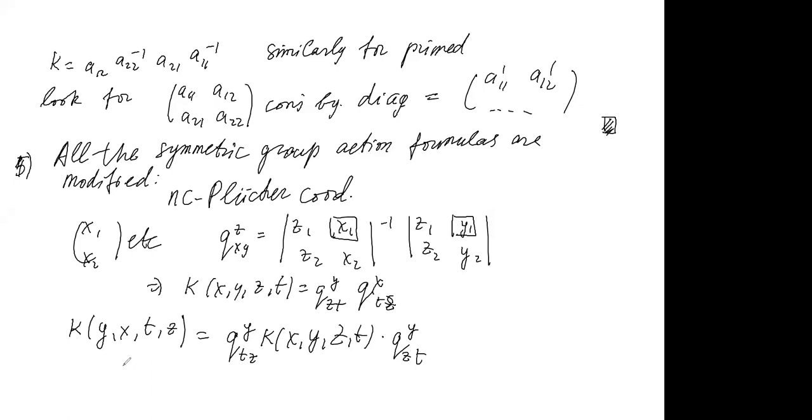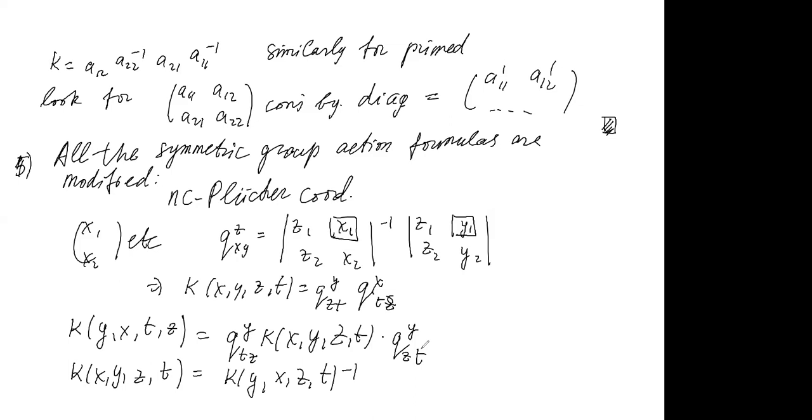Some of them still look classical. For instance, k of x, y, z, t is equal to k of y, x, z, t minus first.